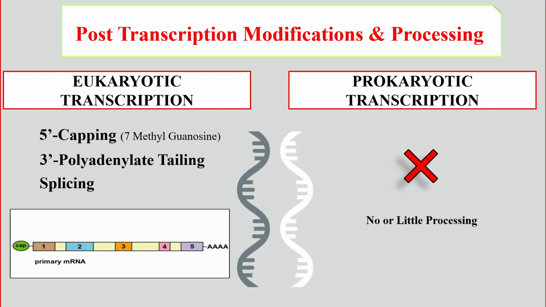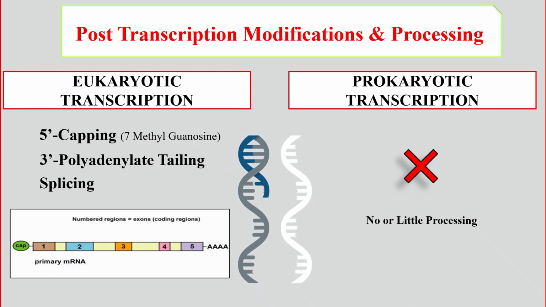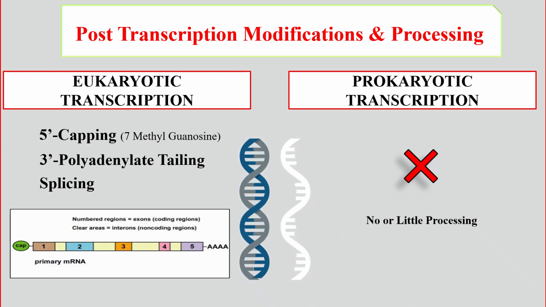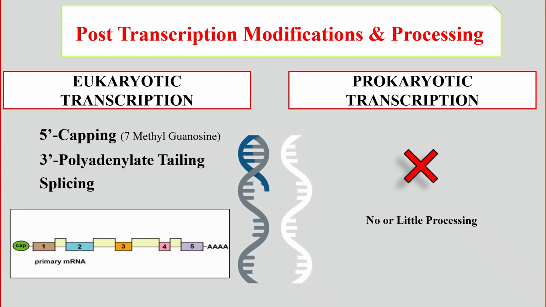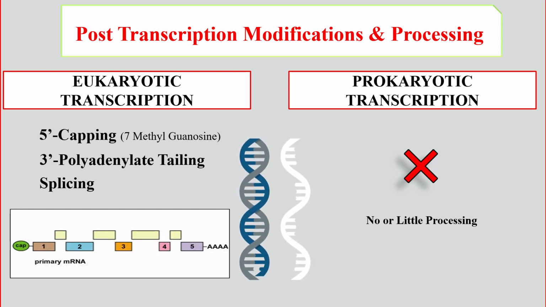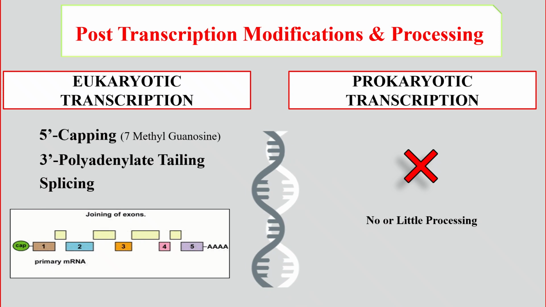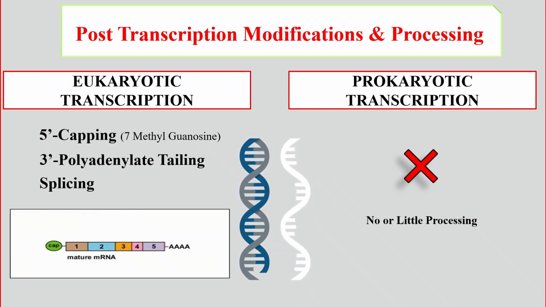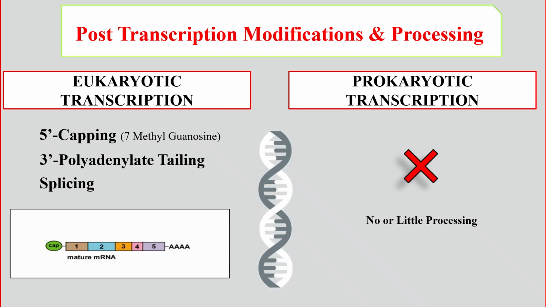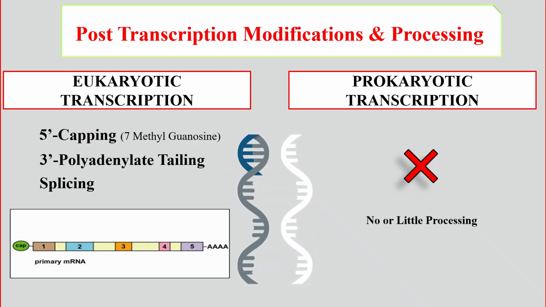There will be 5' capping, in which there is addition of 7-methylguanosine to the 5' end. There is 3' adenylation, as polyadenylate will be added. Many adenine nucleotide bases will be added to the 3' end, that is known as polyadenylate.